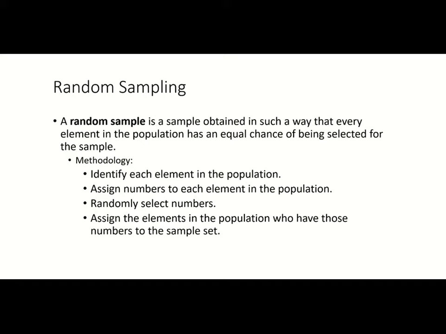Oftentimes you'll hear they go through the phone book and choose every 8th person, and that's who they're going to survey. But with random sampling, people are picked at random. You could survey people at a mall and just pick every 5th person walking by.